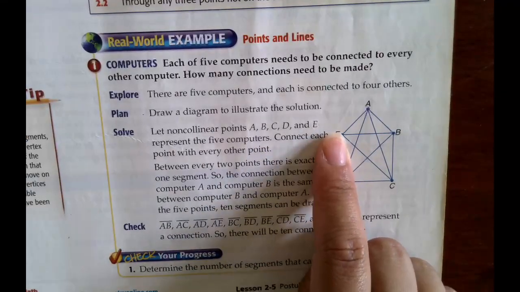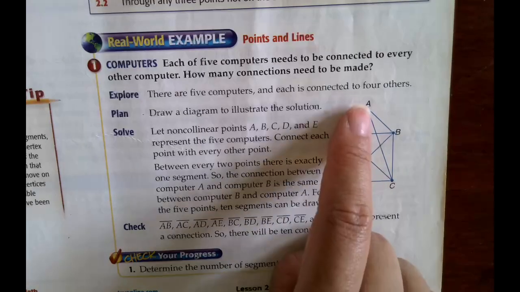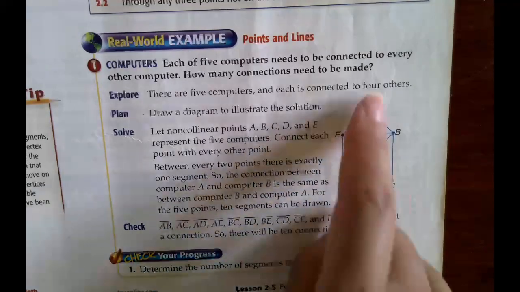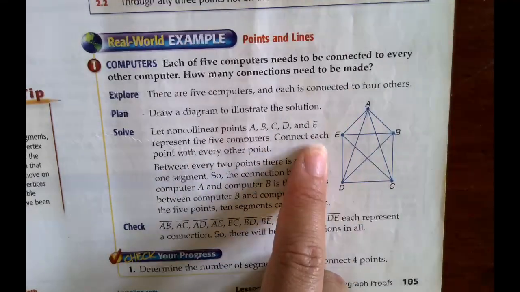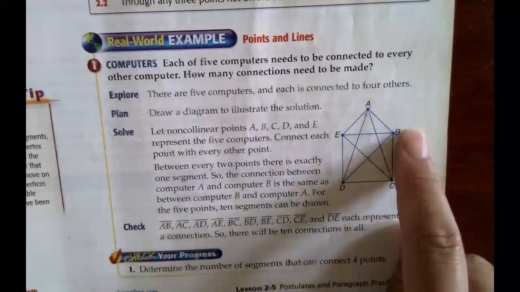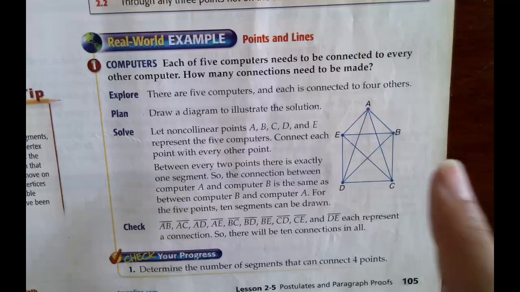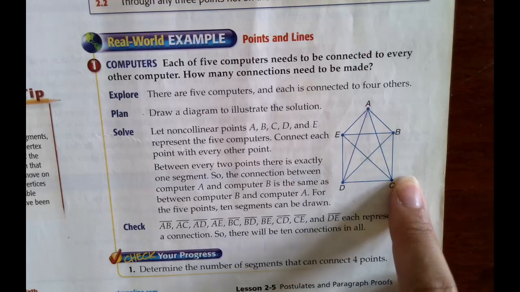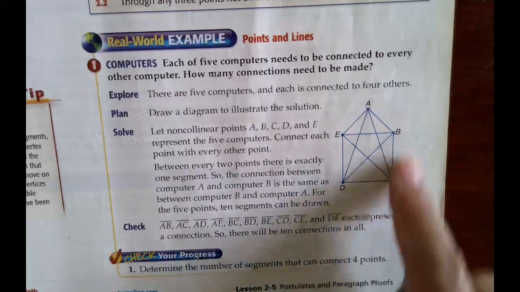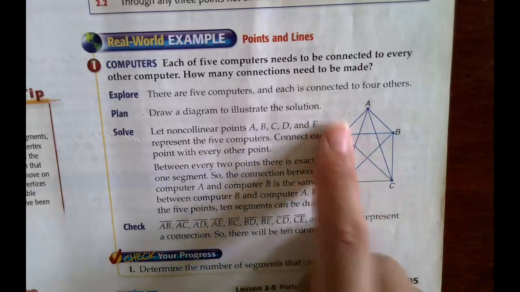And then all we did is we drew a line connecting each one. So connecting A and B, A and C, A and D, A and E, right? And then B, it was already connected to A, so then we add in the BE, BD, and BC, right? With C, right, we already have a connection with AC and CB, so we just need to add the other ones, okay?